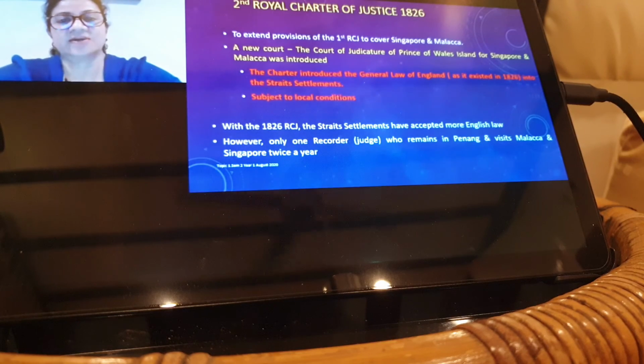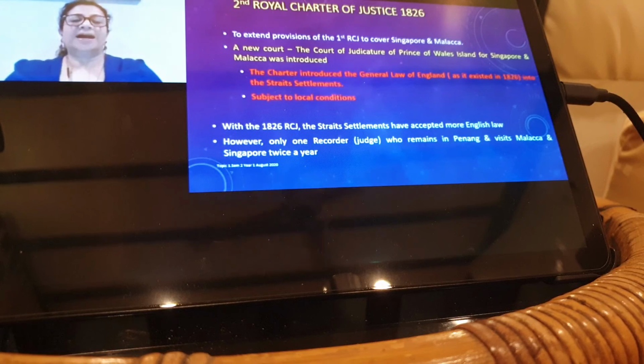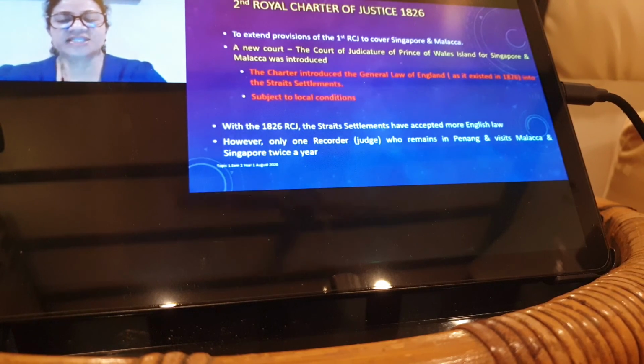The charter introduced the general law of England as it existed in 1826 into the Strait Settlement, subject to local conditions. So by 1826, as a result of the Royal Charter of Justice, the Strait Settlement accepted more of English common law into the legal system.